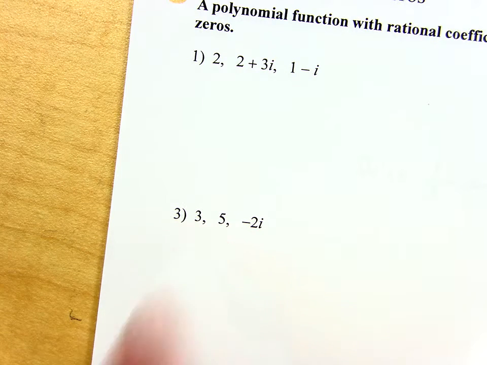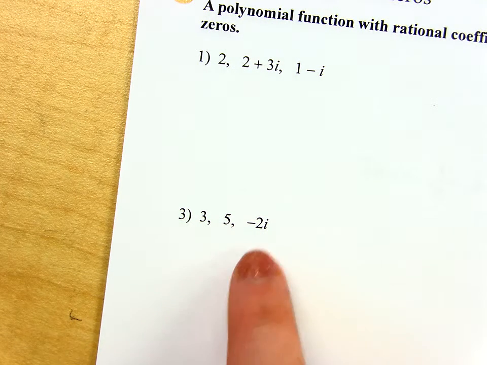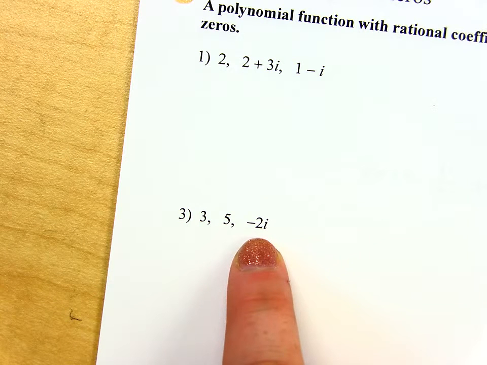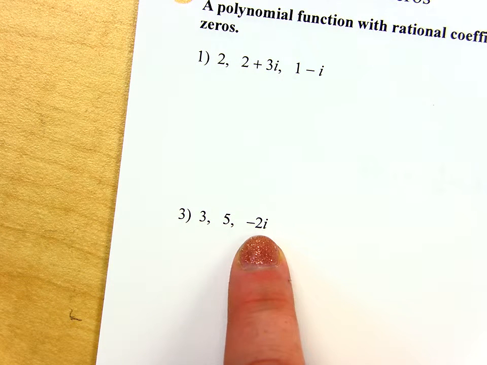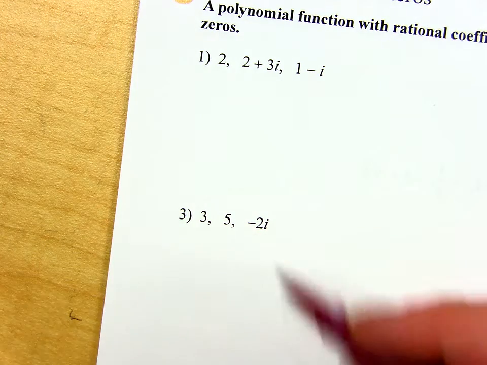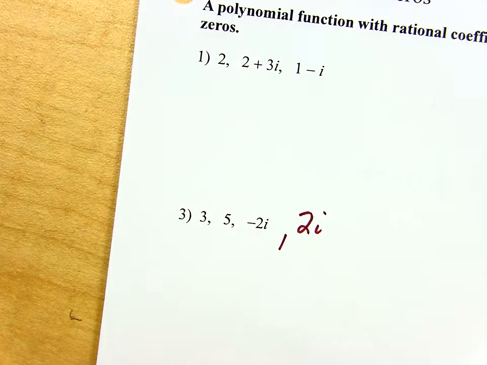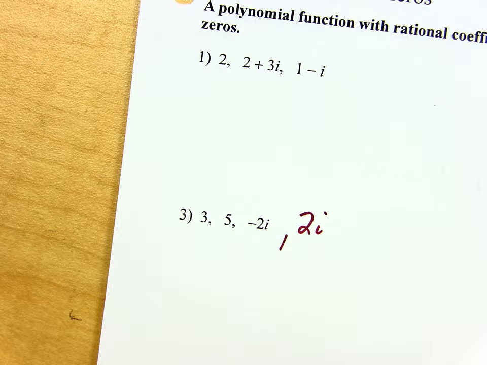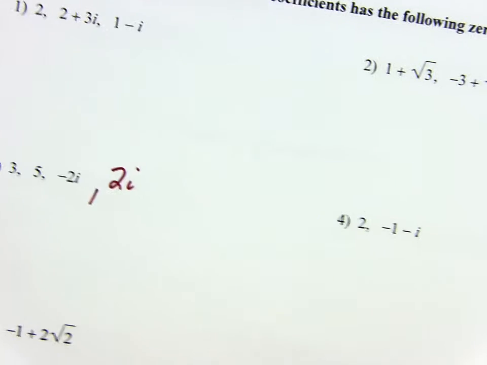I leave it alone. 5, normal rational number. Once I hit an imaginary or an irrational number, not only is negative 2i an answer, so is its pair, which is positive 2i. So I have to add it to the list. They're not going to do it for me. I have to add it. So that's really all they're asking you to do in 1 through 6. They want you to add whatever's missing. So let's do 4 together.